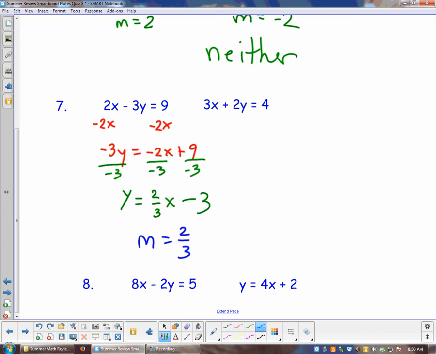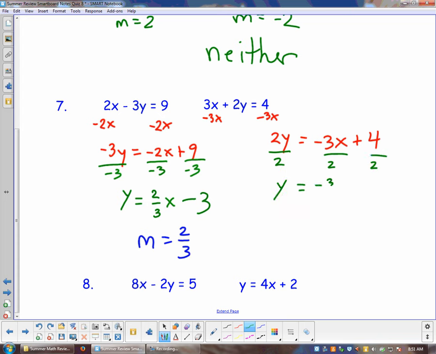Over here in this example, I would need to again get y by itself, so I'm going to subtract 3x from both sides. So I get 2y equals negative 3x plus 4. I like to put the x term first because that's how we see it in slope-intercept form. At this point, I would divide everything by 2 so I can get y by itself.